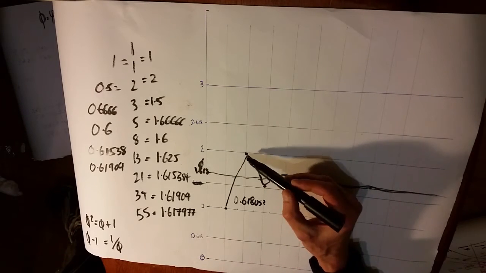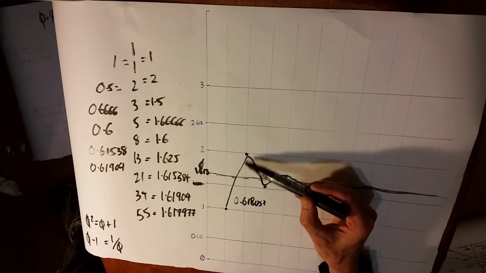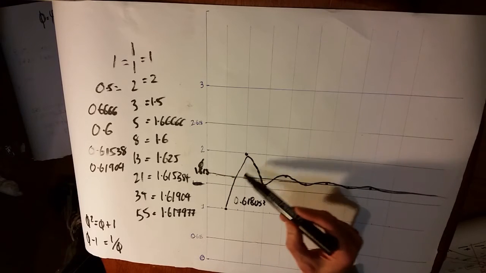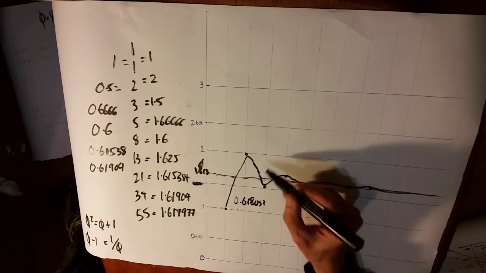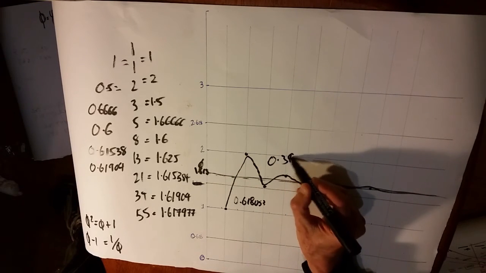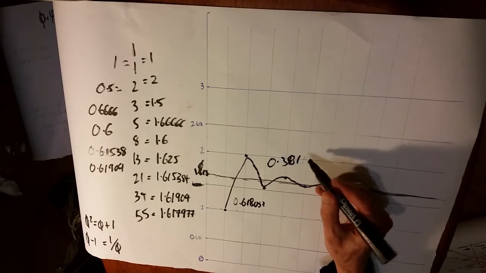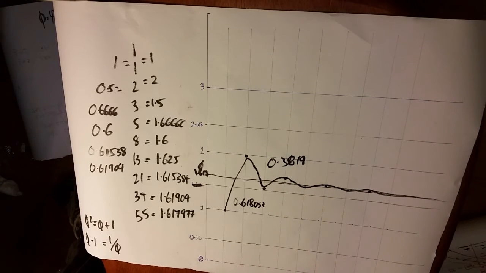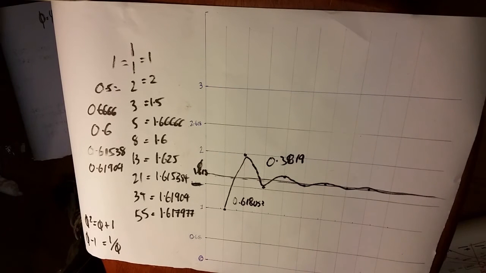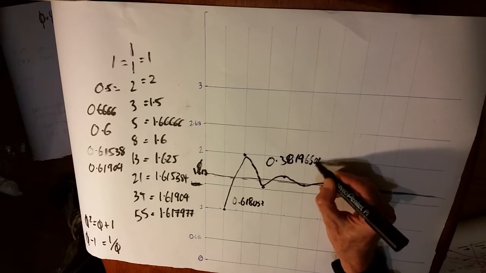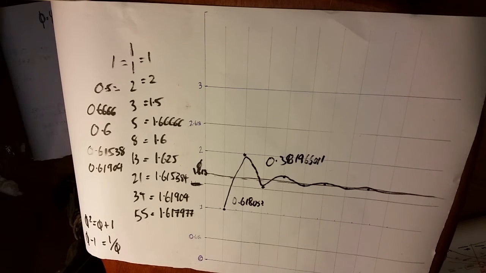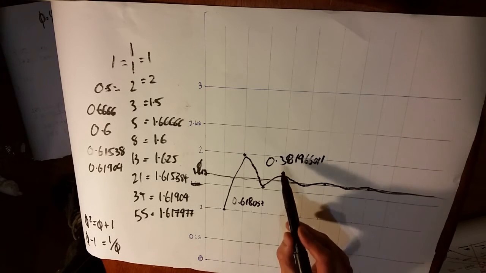The difference from 2, the second point, how far is that? Well, it turns out to be 0.381966, and what's that number?